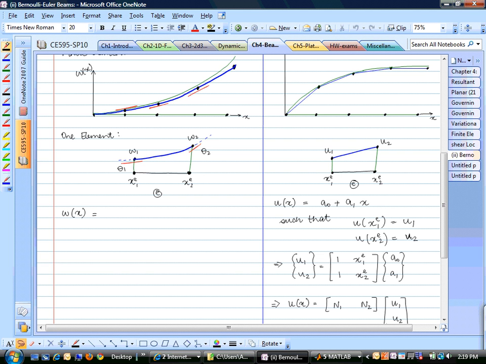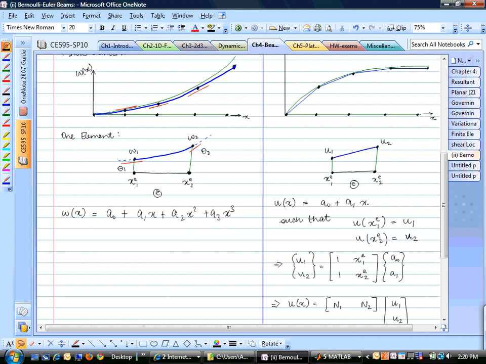And since we have 4 conditions, we need a 4 parameter polynomial. So the least order polynomial with 4 parameters is going to be a cubic, and we can write that out as A0 plus A1 x plus A2 x square plus A3 x cube. So this is the minimum order polynomial that you can use for Bernoulli Euler beams, the cubic polynomial.